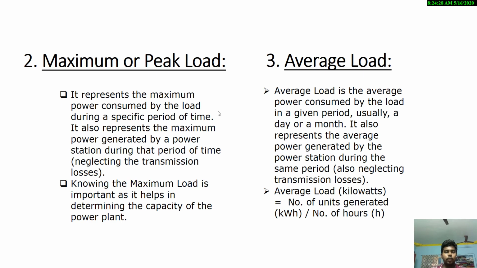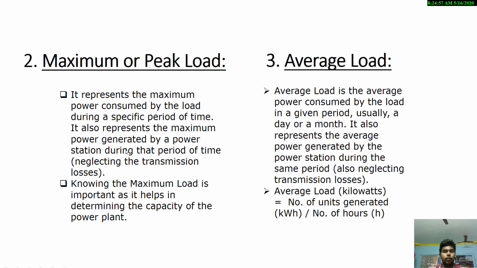I have already explained that it is the maximum power consumed by the load during a specific period of time, when all loads are switched on, or more equipment is turned on at a particular time. It also represents the maximum power generated by a power station during that period of time.